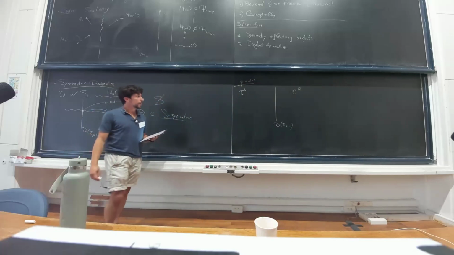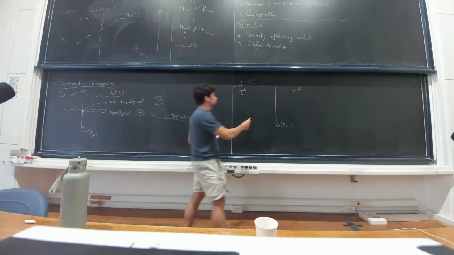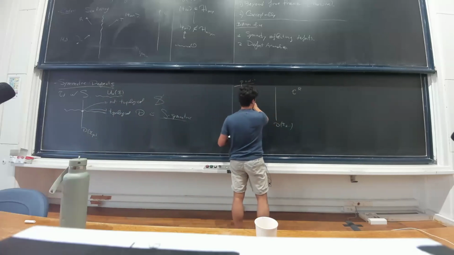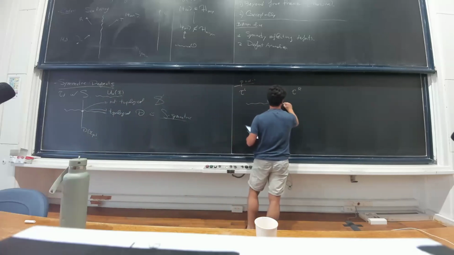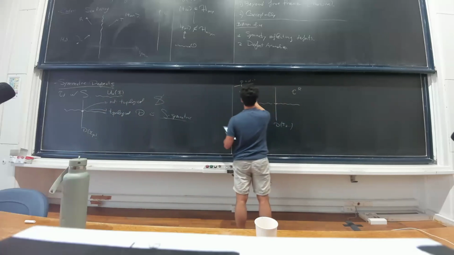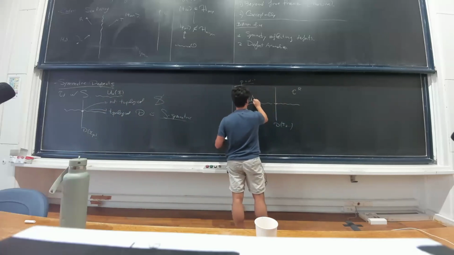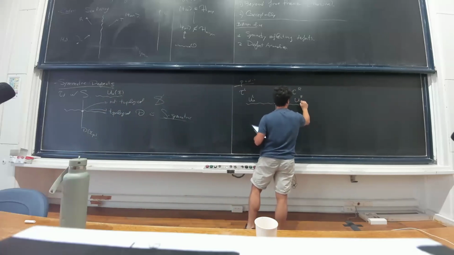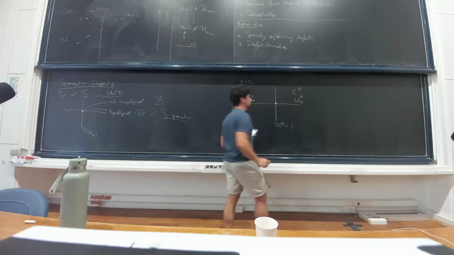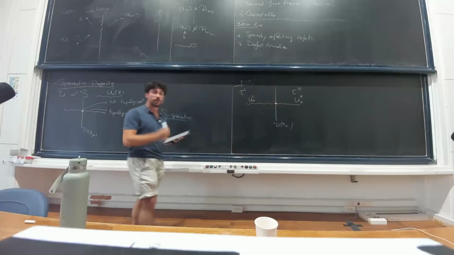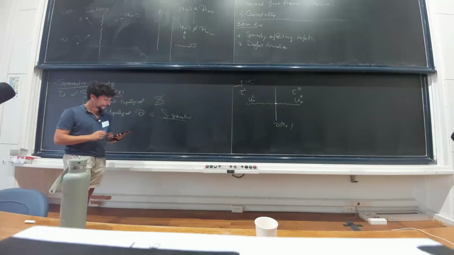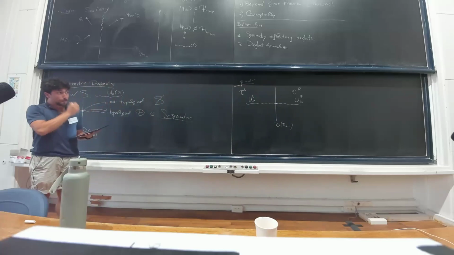So in this case, the most general situation in which we might say that the defect is symmetric is that there exists a topological junction between a symmetry operator from the left and a symmetry operator from the right. Okay, and this point here is topological, and we can move it.